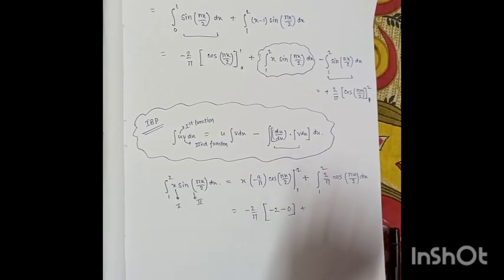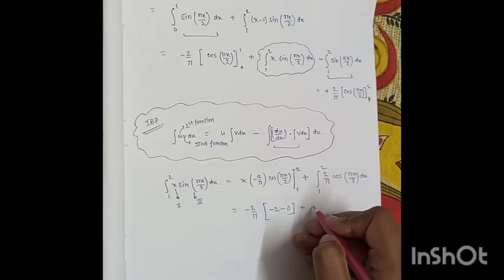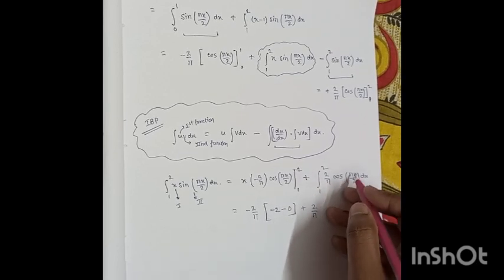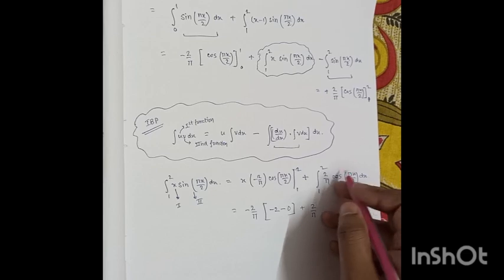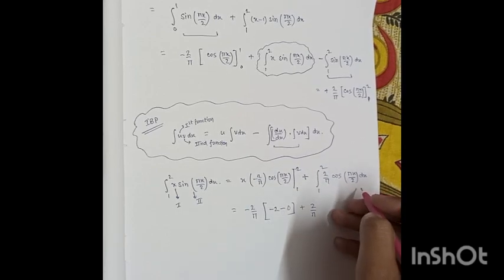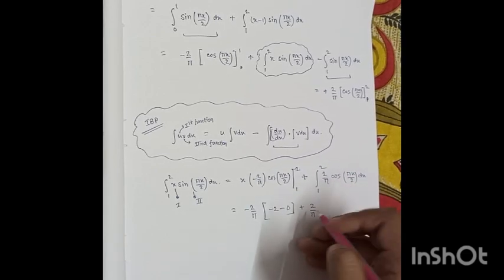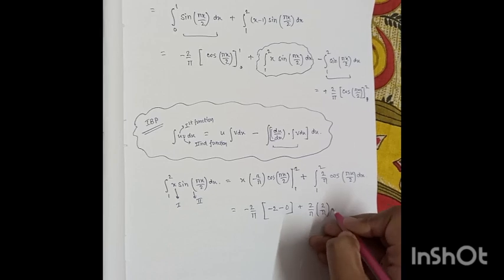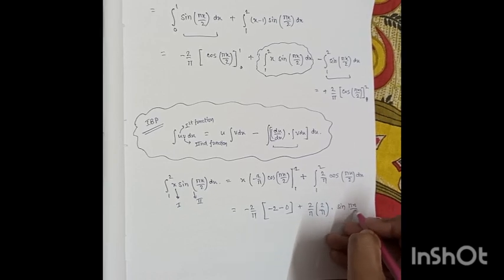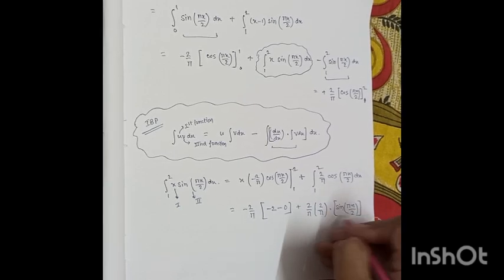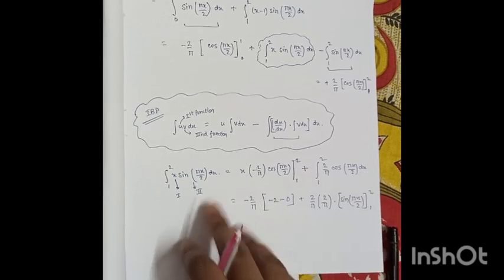So now 2 over pi and integration of cos of pi x by 2 from 1 to 2, this will be simply 2 over pi again, and then sine of pi x by 2 with limits from 1 to 2.